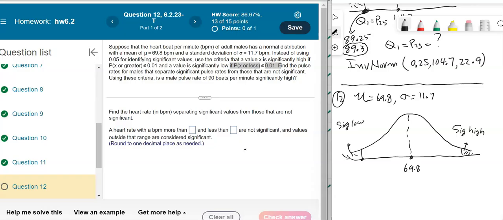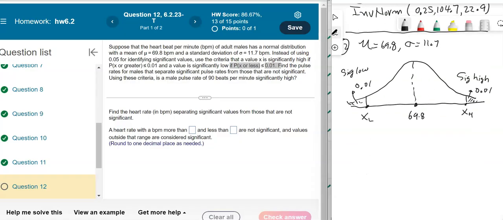This area is 0.01, and this area is the same, 0.01. So what is this number, significantly low, and this number, significantly high? That's the question. We know that for significantly low, this area is 0.01.